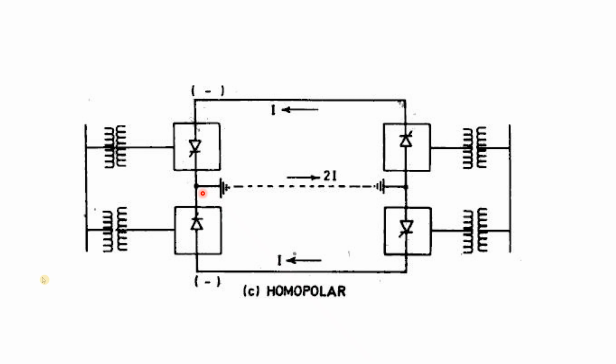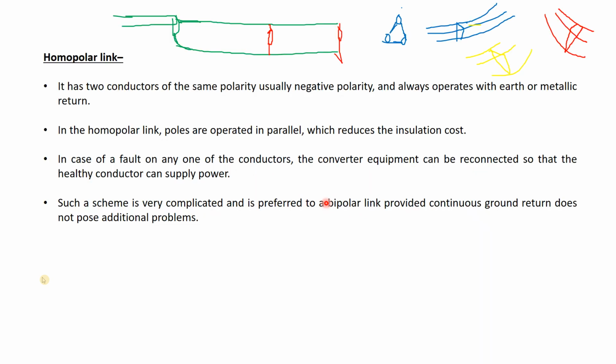Sir, what is the disadvantage of homopolar? The disadvantage is that it is quite complicated, because additional precautions or maintenance are required for this ground path. If 2 times the current is flowing through this ground path, then very much risk is also attached to it.